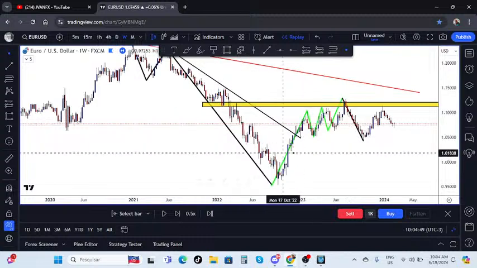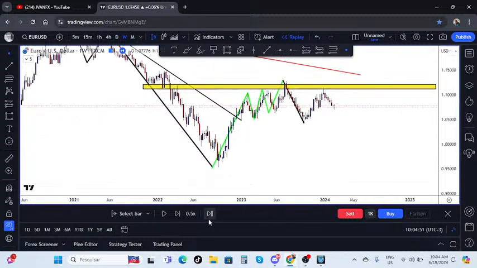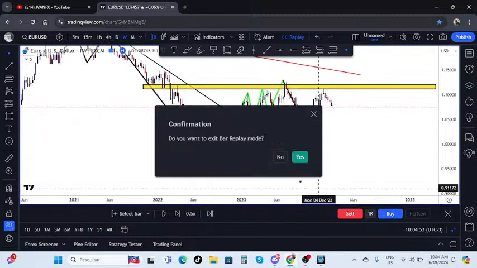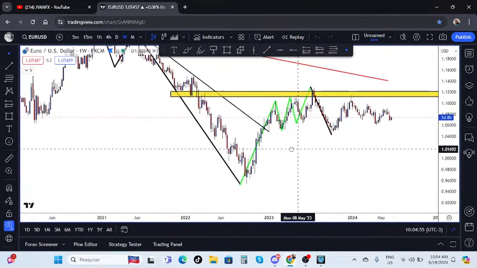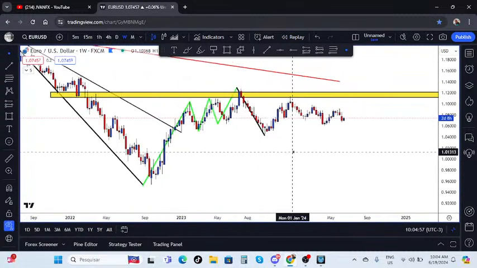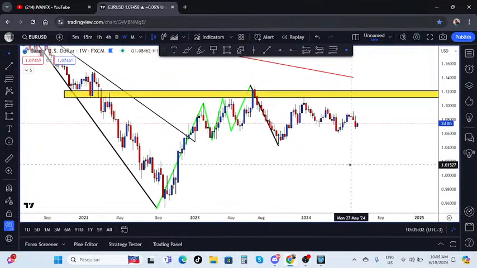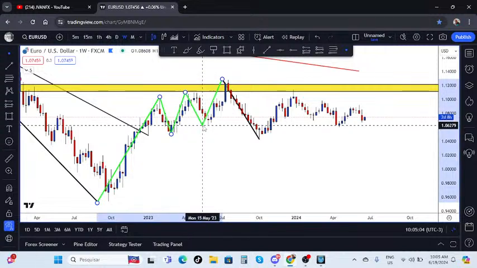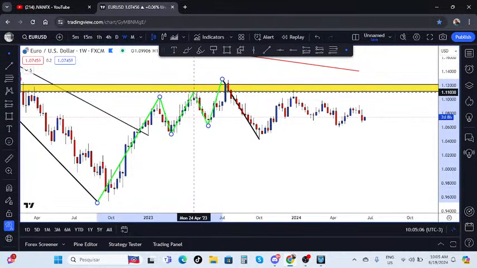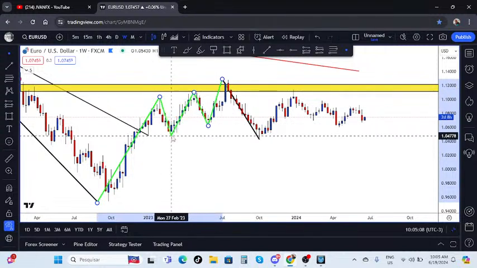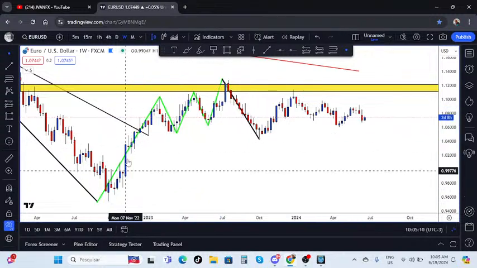All right, so here on the weekly time frame, we can clearly see what I said earlier on the monthly chart. You see the short-term downtrend, the short-term uptrend? We can see how clear it was right here back in time.